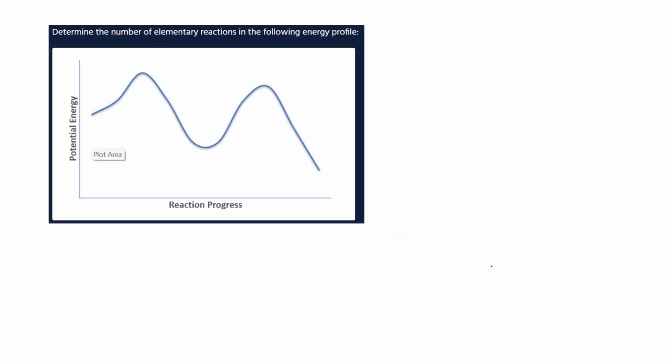So here they have given an energy profile diagram, and from that you have to draw an elementary reaction, as I said. So just try. I don't know if you will get an idea or not, but just try. There will be the substrate, obviously.